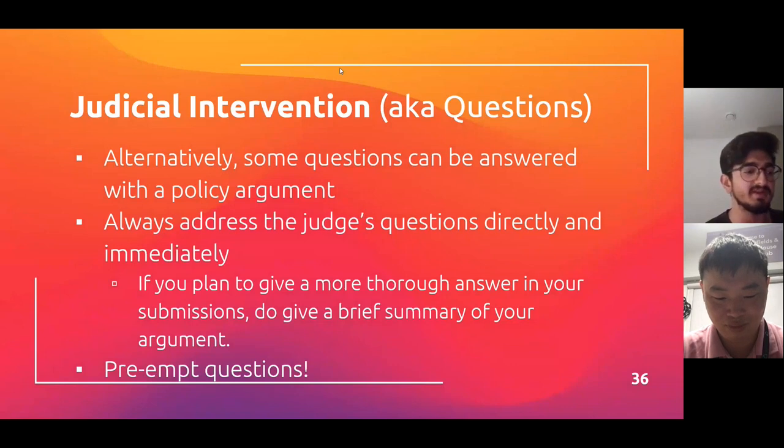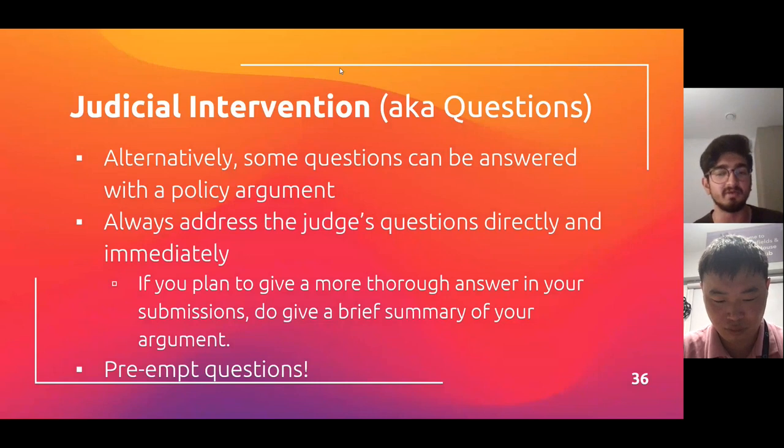However, that will be under the remit of my second submission. So you can always refer the judge to a following submission. It's really important to be very direct and immediate in your response to the judge.